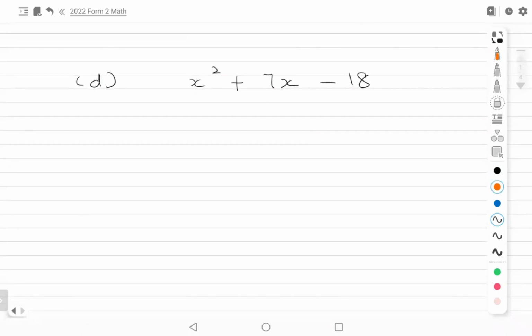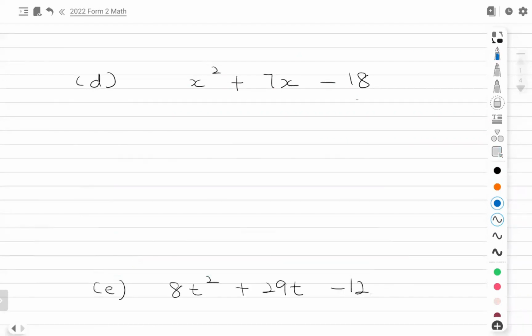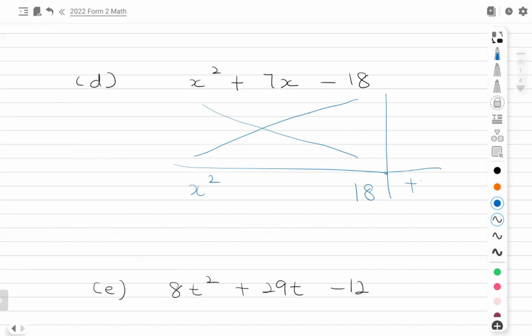Equal to what? Let me see. Oh, okay. Yeah, correct.